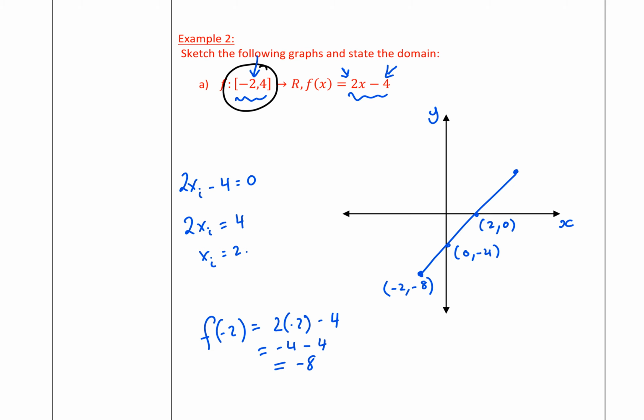Notice that I've used a closed dot because this was a square bracket. In order to find my other endpoint, I know it occurs when x equals 4, but I don't know the y value. Well, that's as simple as finding f of 4. So that's 2 times 4 minus 4, which is 8 take away 4, which gives me a y value of 4.